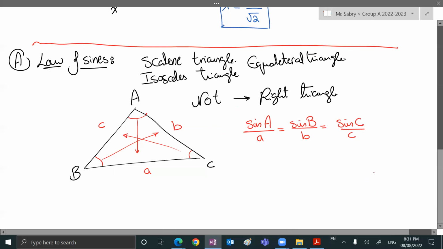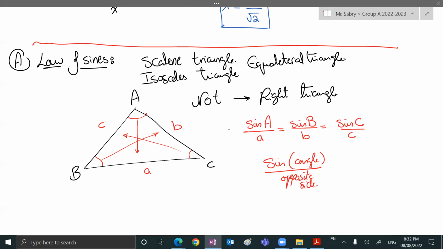So the easiest way to think about this is we need a sine of an angle over its opposite side. And you keep putting each angle over its opposite side. Whatever is missing, you should be able to find back.